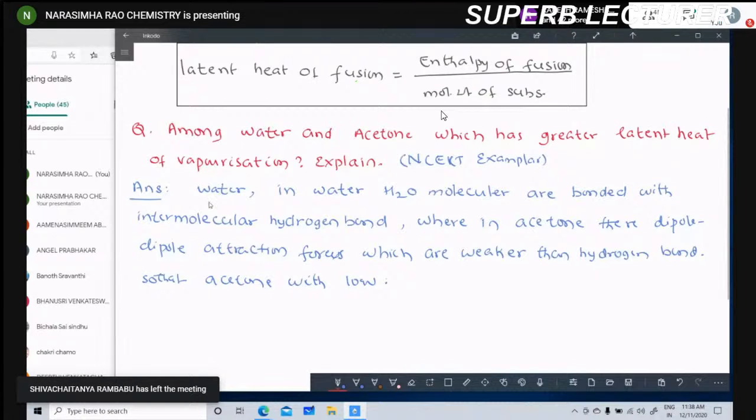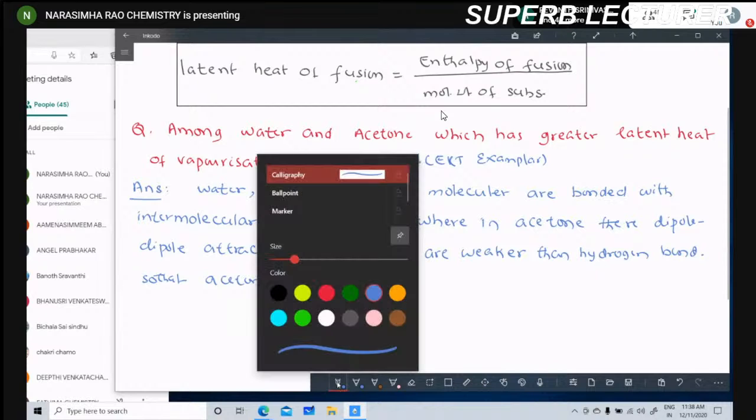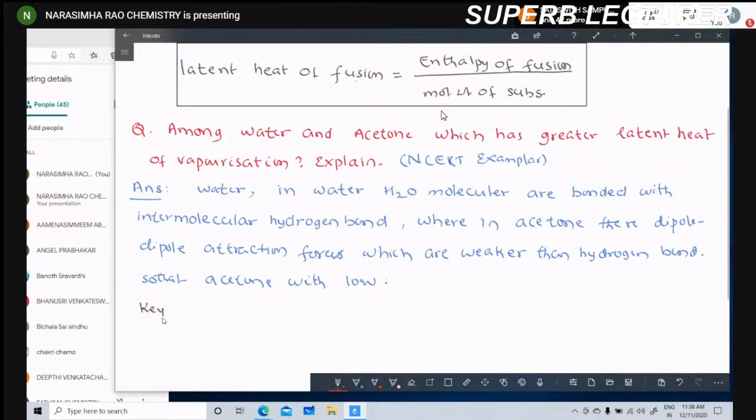Right. Now, key point. Latent heat of vaporization depends on intermolecular forces.